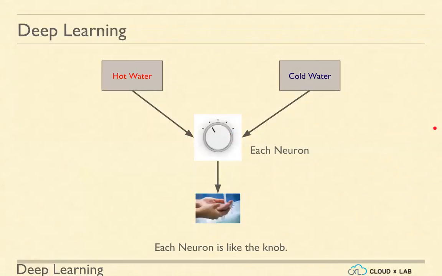There are many such knobs, and that's how you could achieve creating any chemical just by using this technique. Theoretically, this is very much possible, and that's what deep learning does.